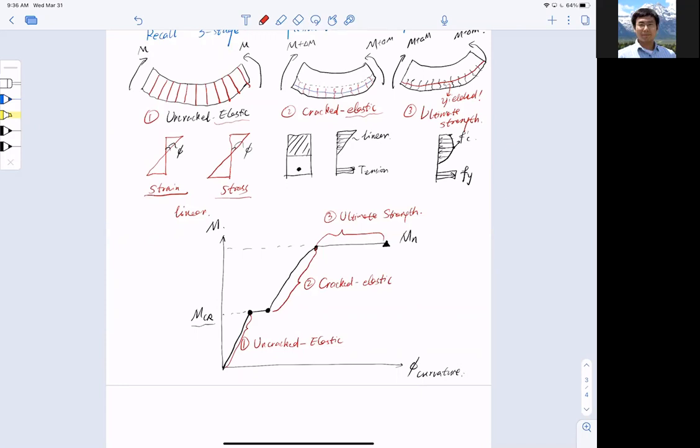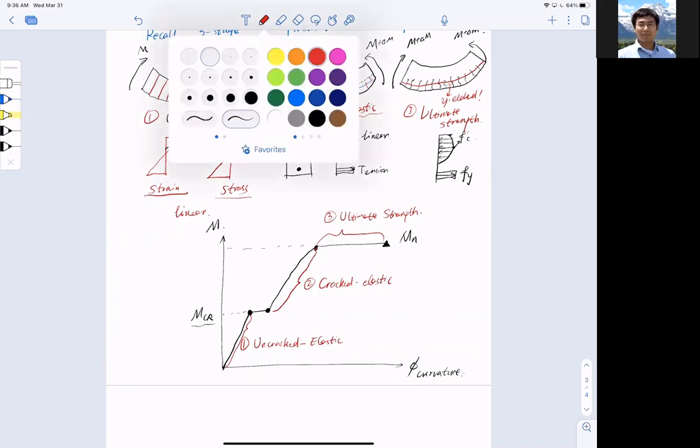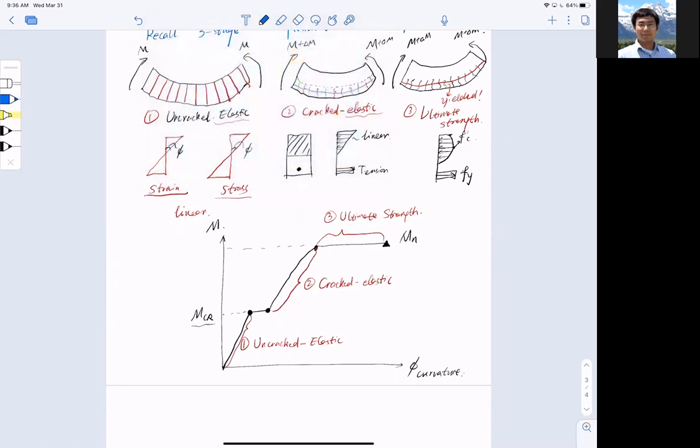Now why do we care about this? Because in this lecture, the deflection we need to calculate is the region from here to here. So this is where we need a deflection calculation, the so-called service stage.